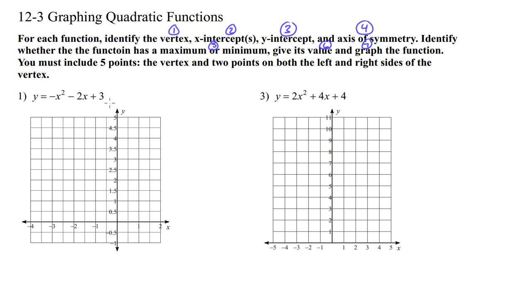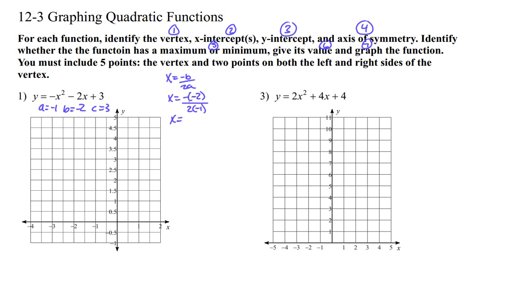Okay, so first thing it's asking for is the vertex. So let's just go ahead and do that. So vertex, we're going to use our little x equals negative b over 2a, the axis of symmetry formula, right? So in this case, a is -1, b is -2, c is 3. So we get x equals -2 all over 2 times -1.